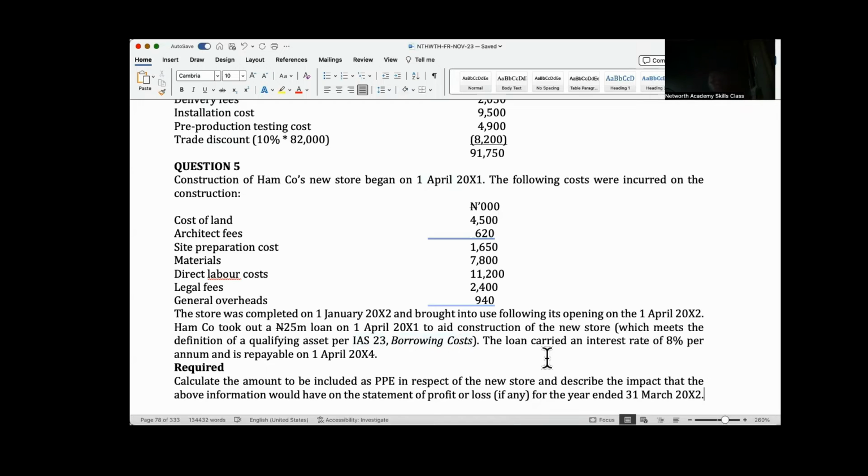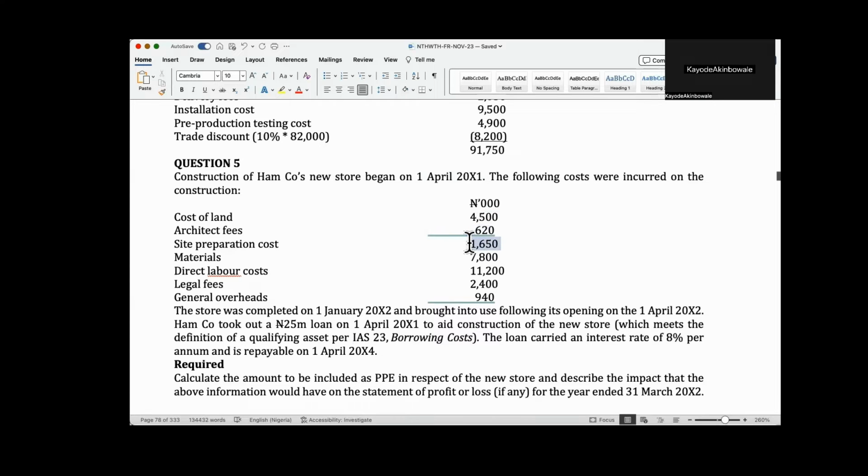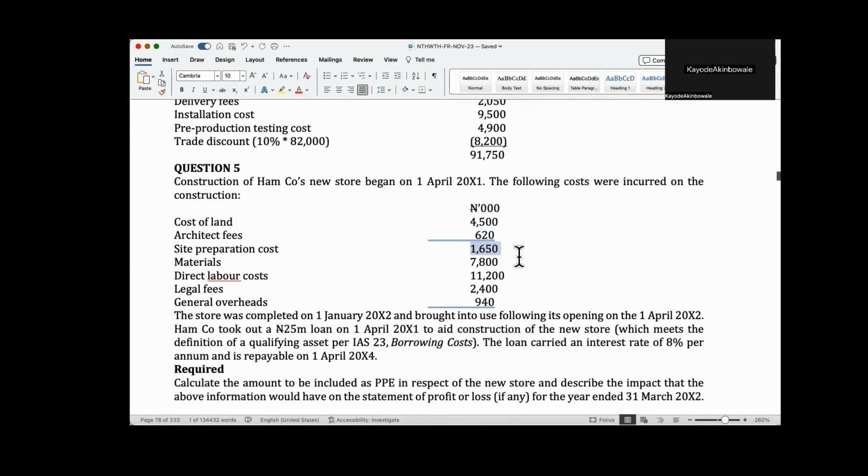Okay. So again, let's pick it one by one. The cost of the land, will it be capitalized? Yes. What about architect fees? Yes. What about site preparation costs? Yes. Okay, that's correct. What about material costs?